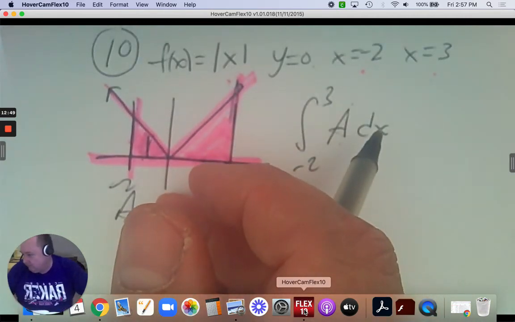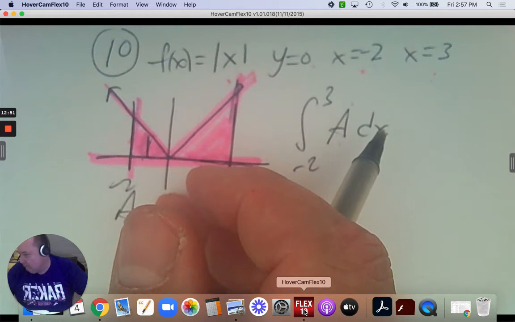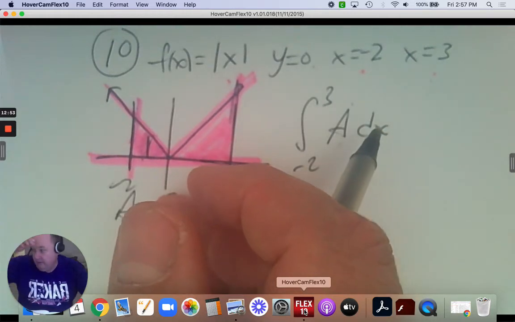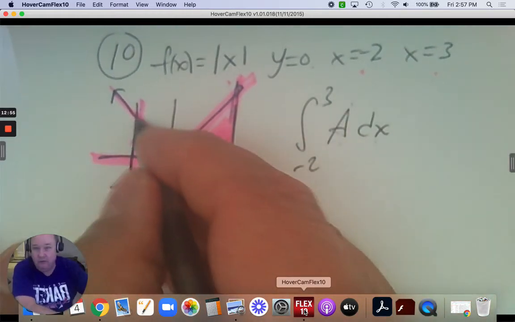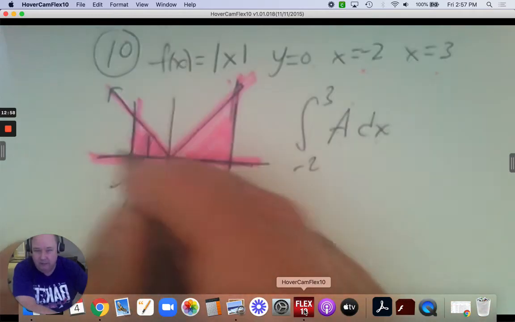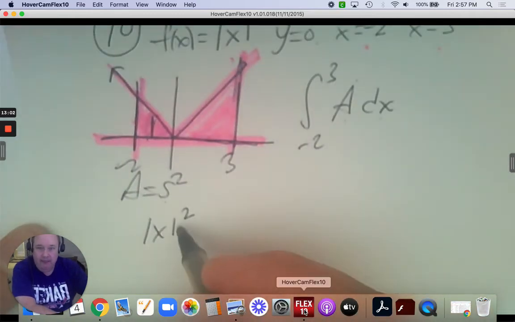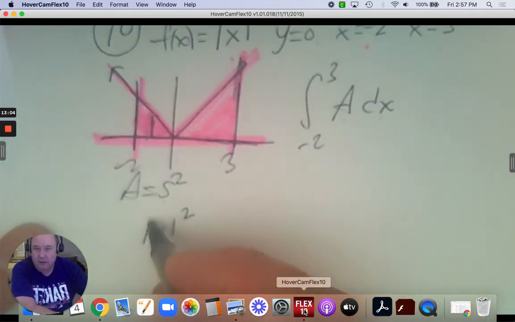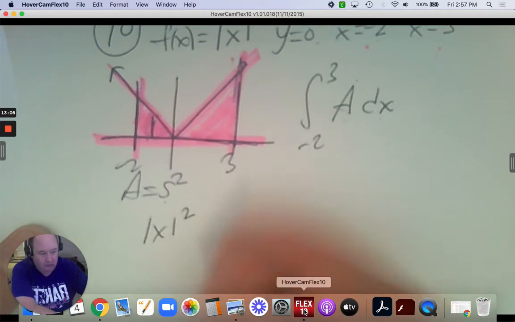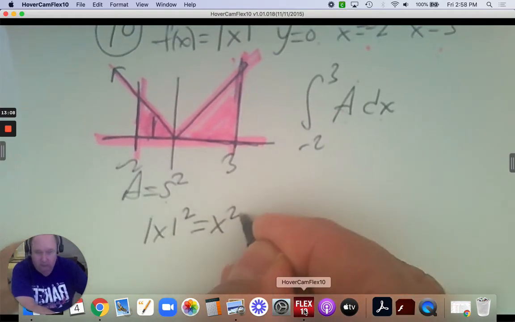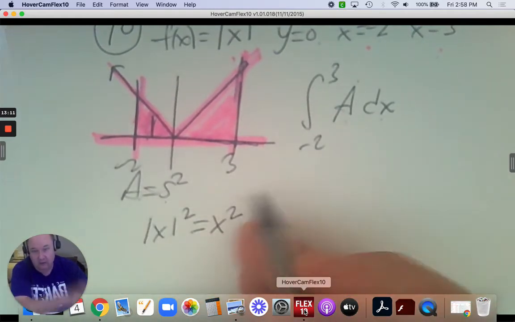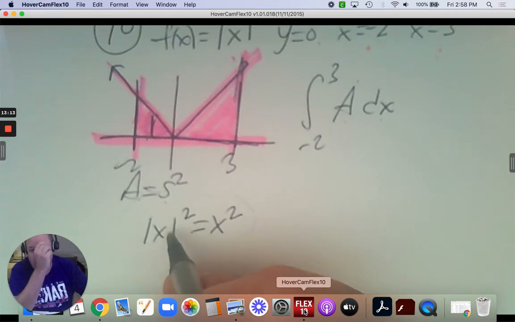Now, the top is obviously the absolute value of x, and then the bottom is 0. So the absolute value of x, and then you square it. Just know that the absolute value of x squared means the same as x squared. They're equal to each other. Because whether the answer is positive or negative, it wouldn't matter.